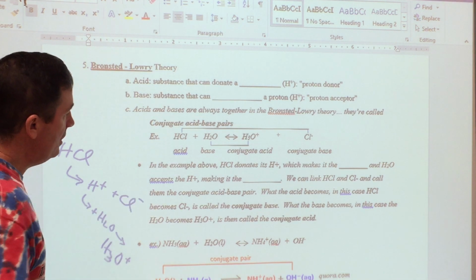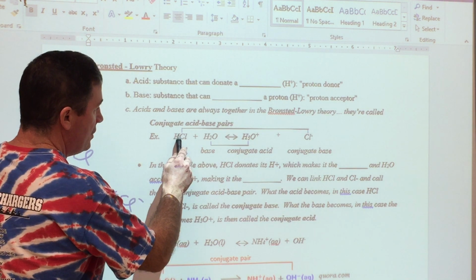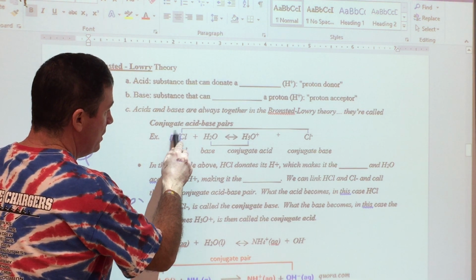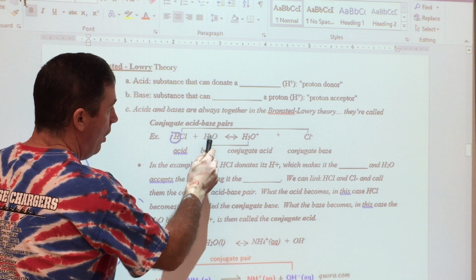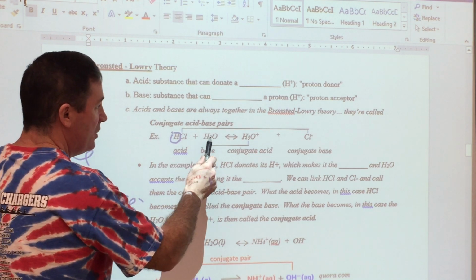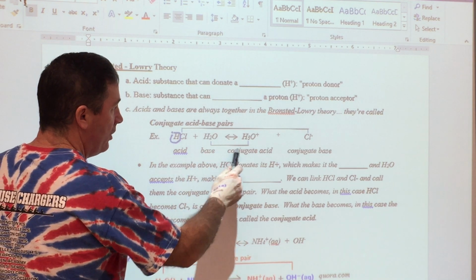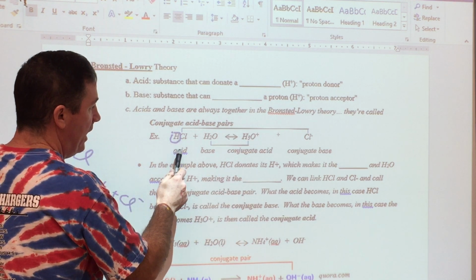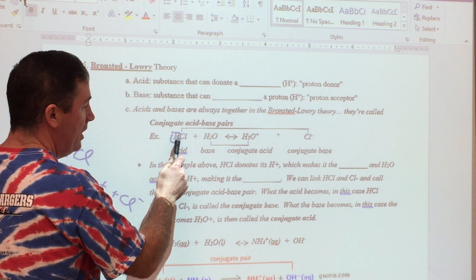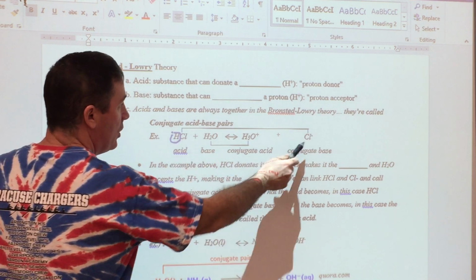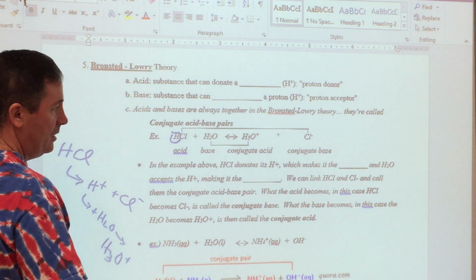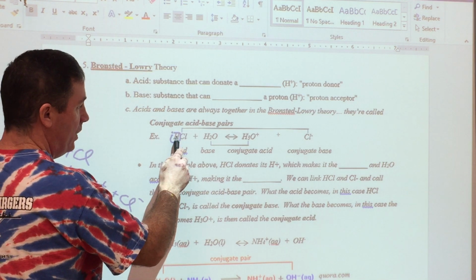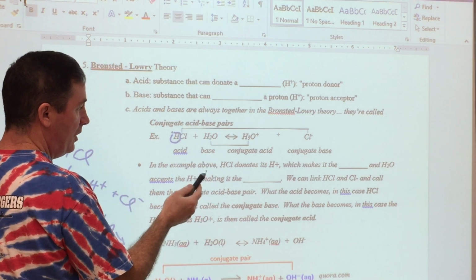So in this case, we have HCl, and it contributes this hydrogen to the water. How can I tell? Because look what happens to the water. The water becomes H3O+. And I know that the acid has given up the hydrogen as well because it becomes chloride ion. Okay, so the acid is the one that gives the proton, or the H+.